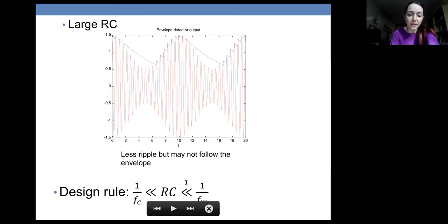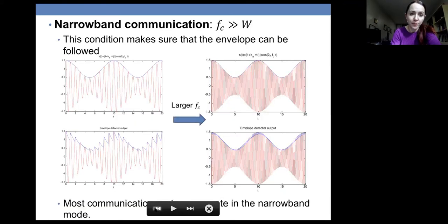So ideally, we want RC to be in between 1 over FC and 1 over FM. FM stands here for W. But FM actually comes from assuming that the message signal is also a sinusoid at frequency FM.